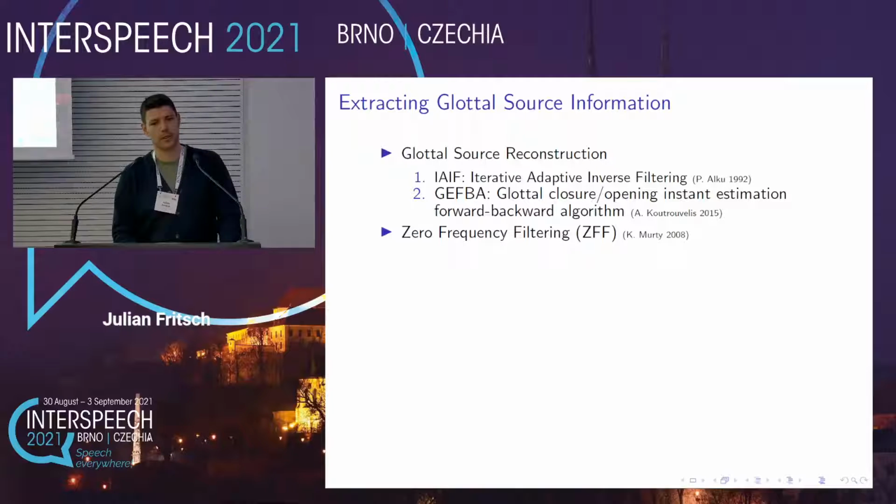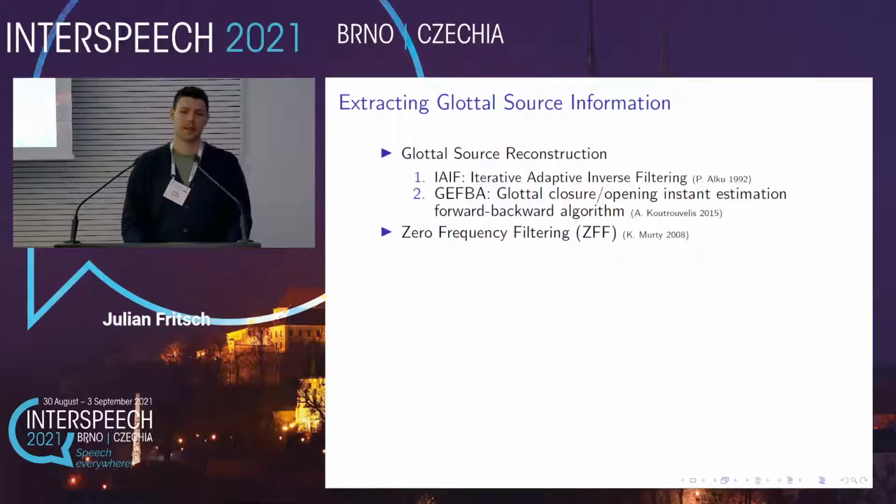Secondly, we use glottal closure opening instant estimation forward-backward algorithm, short GEFBA, which operates by first obtaining a rough estimate of the source signal and then doing a more sophisticated inverse filtering on the per pitch period.